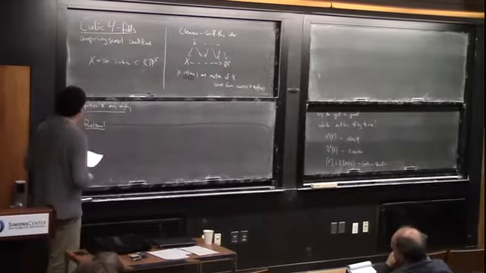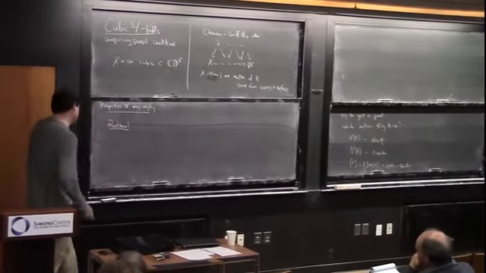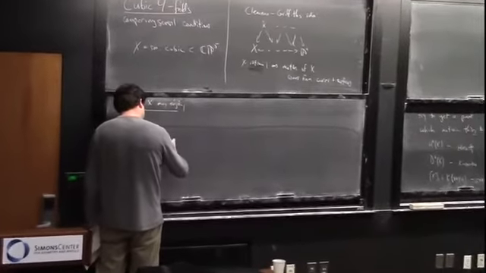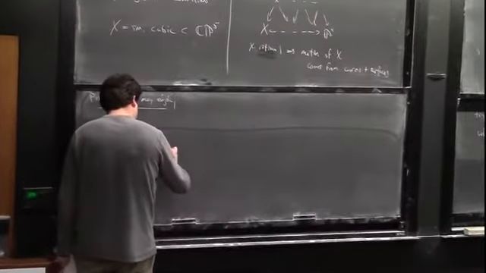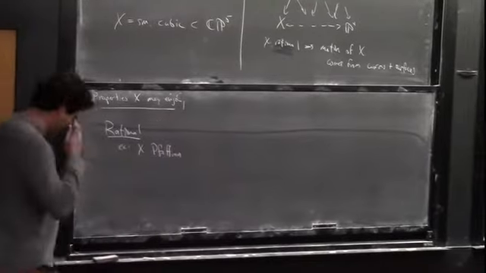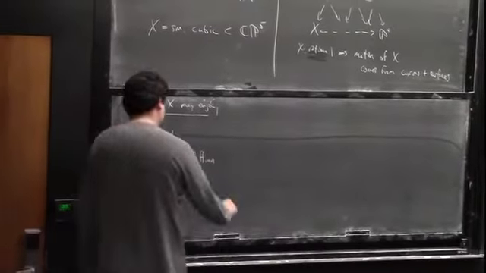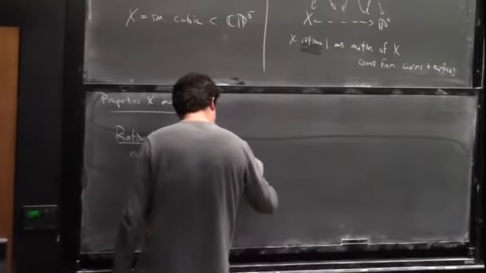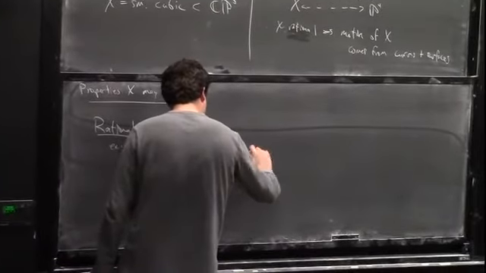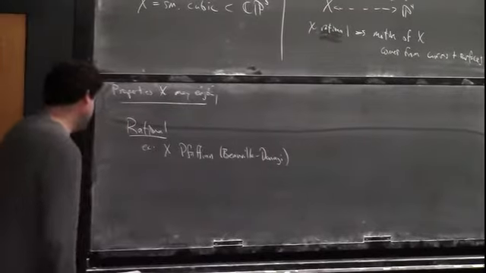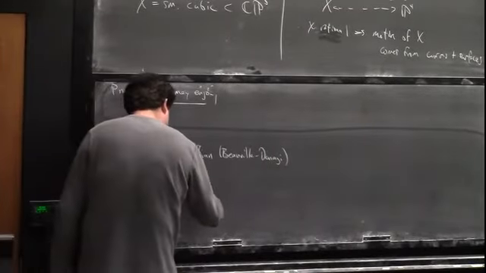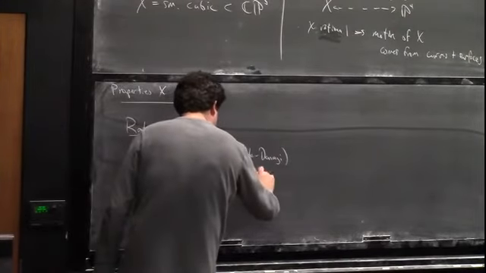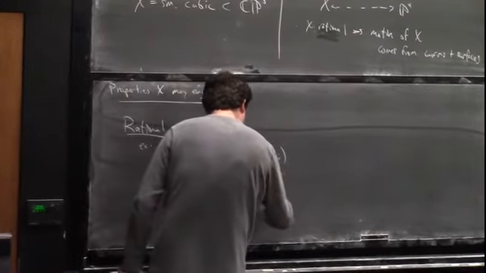So X may be rational, and of course there are two examples. Either X can be a Pfaffian of a 6x6 skew symmetric matrix of linear forms, and then it's rational, and this is due to Beauville and Donagi in the 80s. Or X can contain a plane and a certain other two cycles.